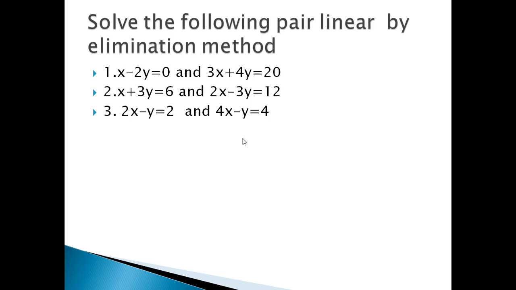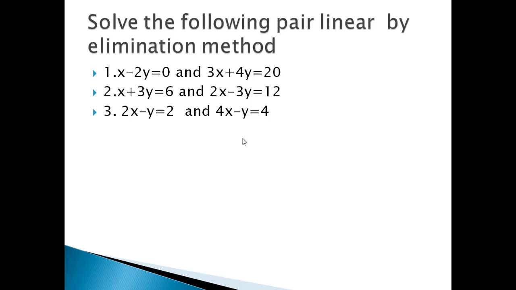If the first terms are not equal, what do we have to do? Multiply the coefficient of x of the first equation with the second equation, and the coefficient of x of the second equation with the first equation, and make the first terms equal, then subtract.